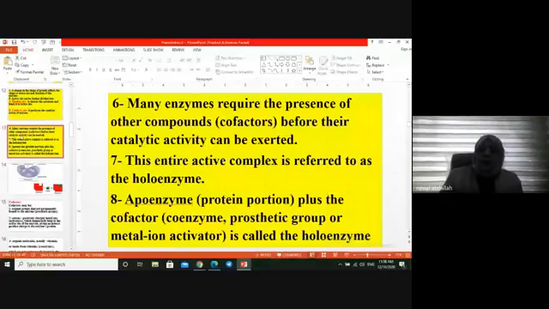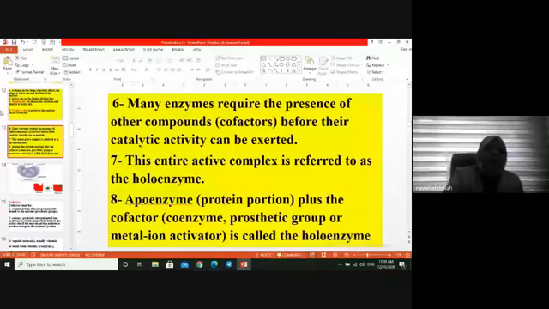This entire active complex is referred to as the holoenzyme: the protein portion of the enzyme plus the cofactor, whether it is a coenzyme, prosthetic group, or metal ion activator.